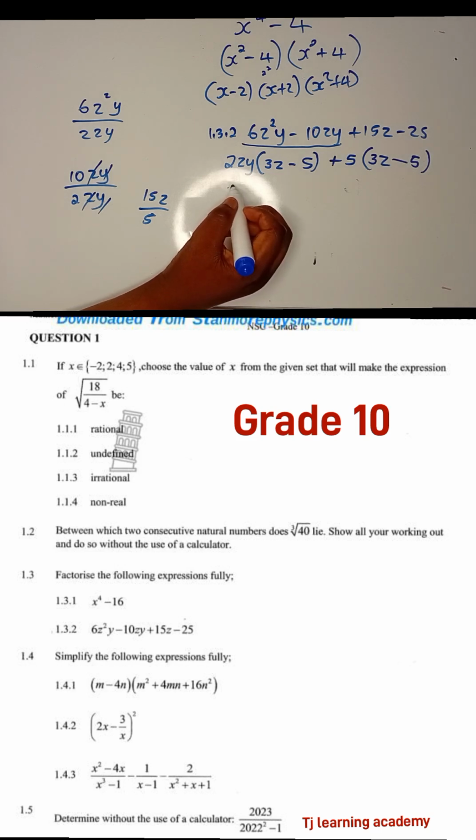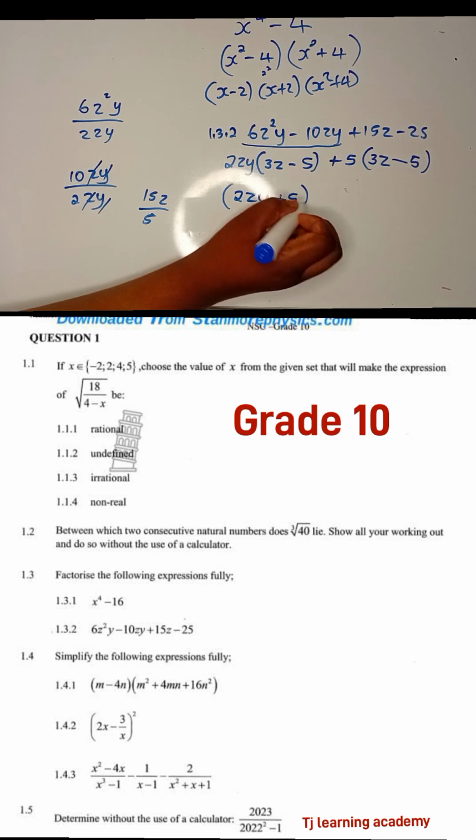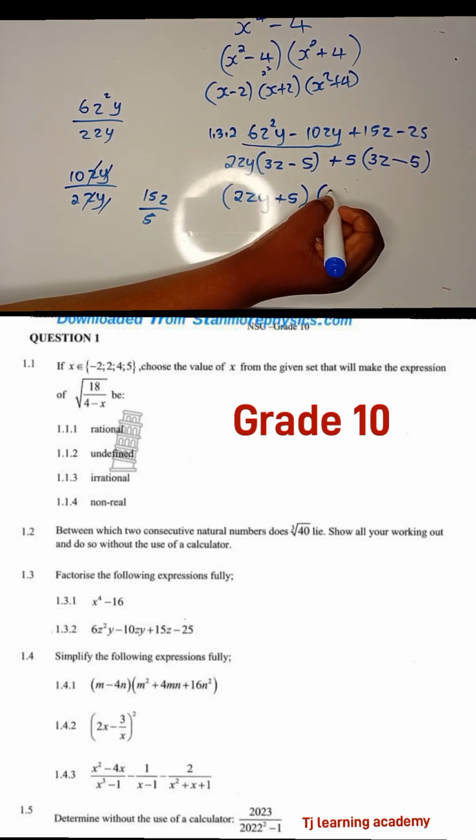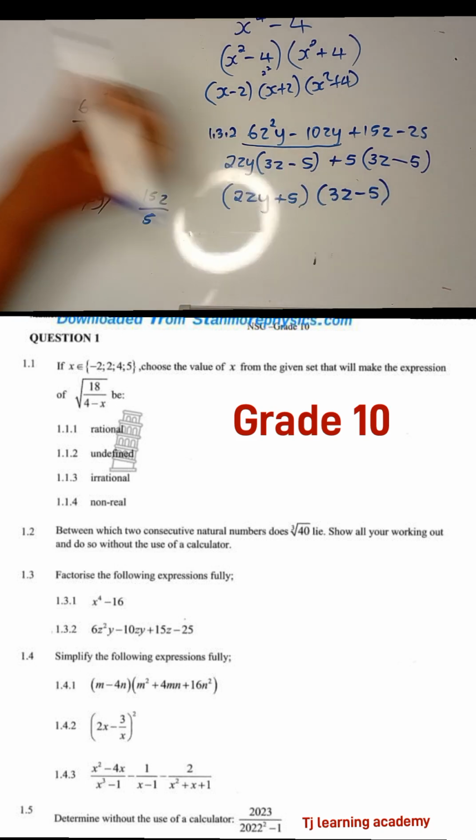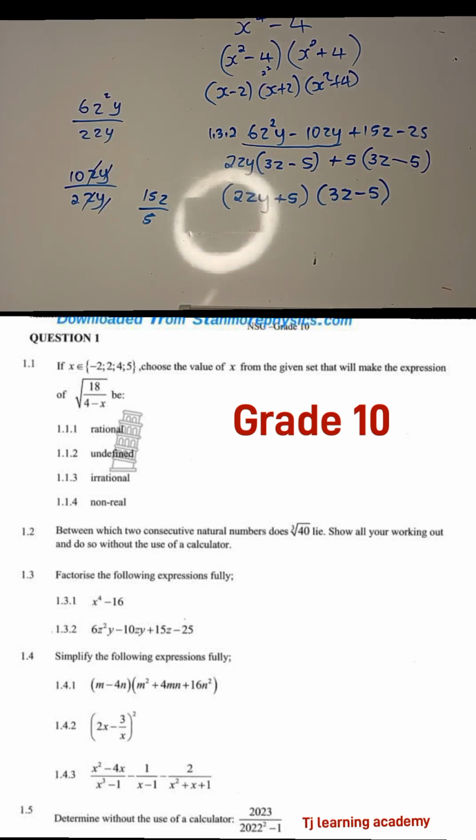So let's conclude now. 2zy plus 5 and then 3z minus 5. We're going to take one bracket, and that's it.